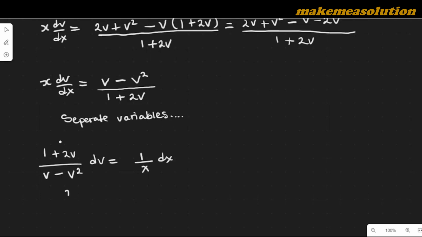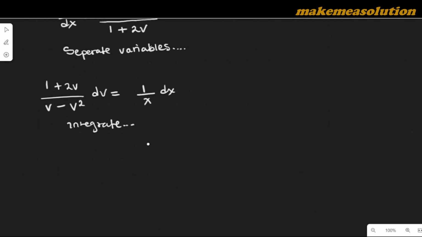So integrate. When you integrate, what are you going to get? Integral of (1 plus 2v) over (v minus v squared) dv is equal to the integral of 1 over x with respect to x.